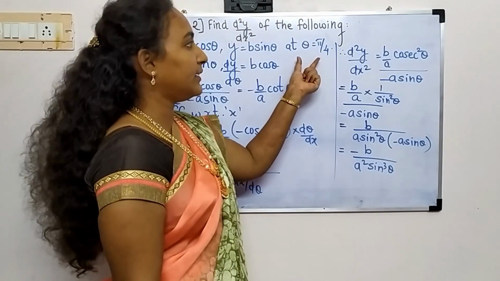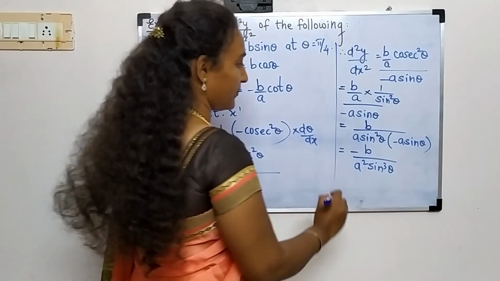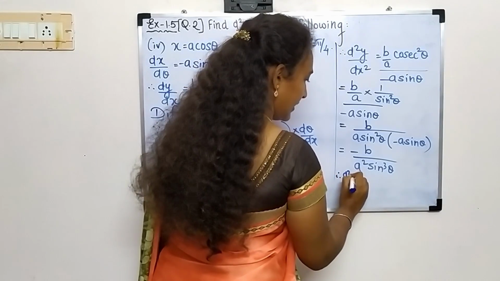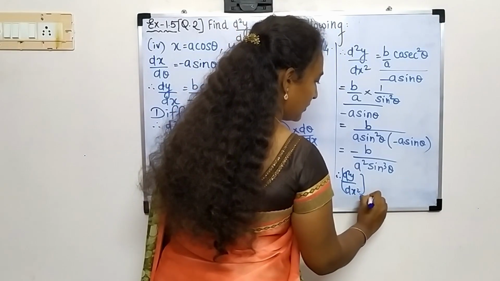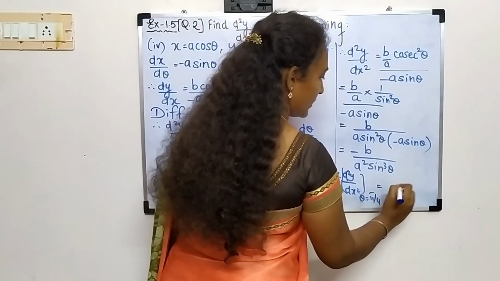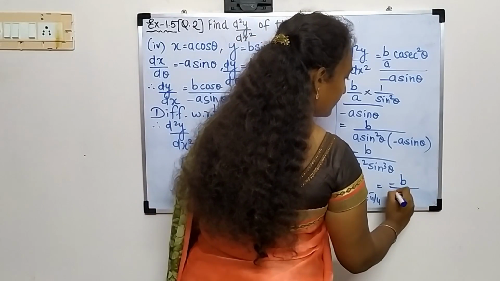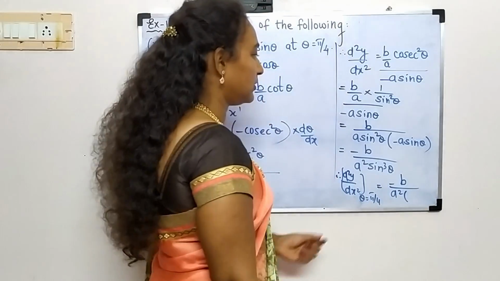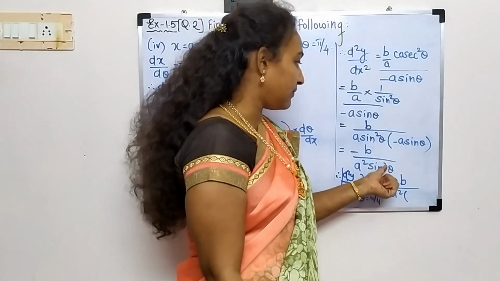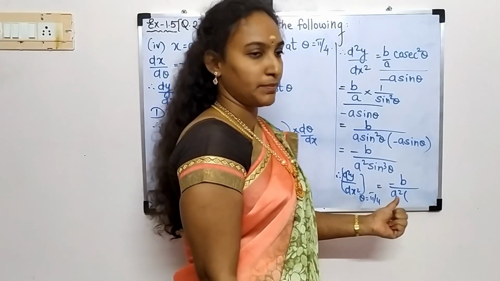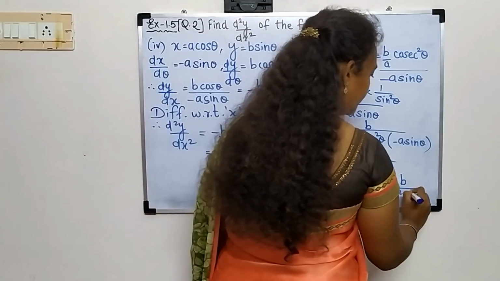Now we have to find the value of theta at pi by 4. Therefore, d square y upon dx square at theta equal to pi by 4 is equal to minus b upon a square into, see, sin pi by 4 is 1 upon root 2. We have to take cube of 1 upon root 2.